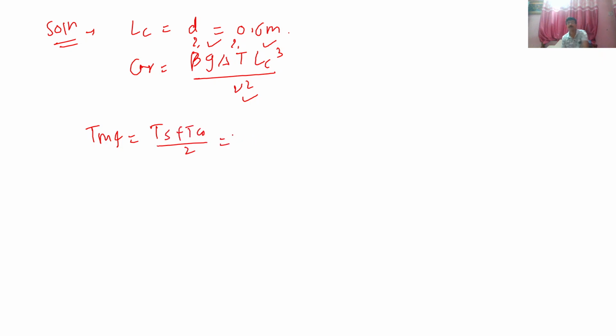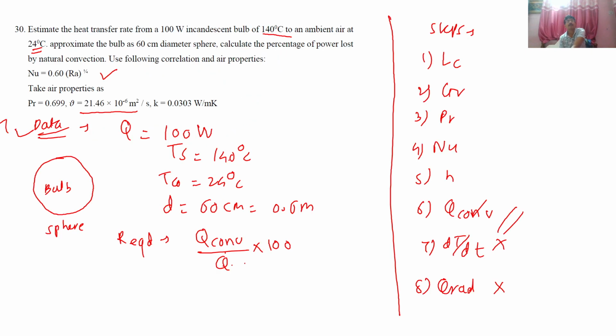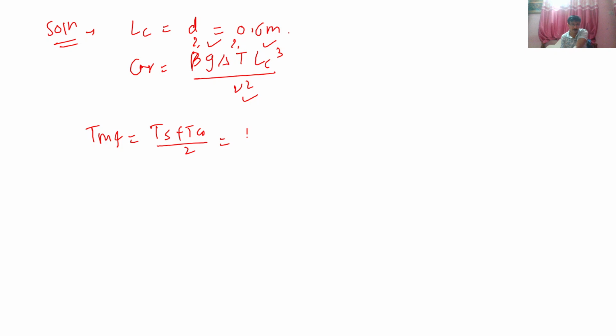What is Ts? 140 plus 24. 140 plus 24 divided by 2. It comes around 82 degrees Celsius. But I require it in Kelvin, so I will add 273.